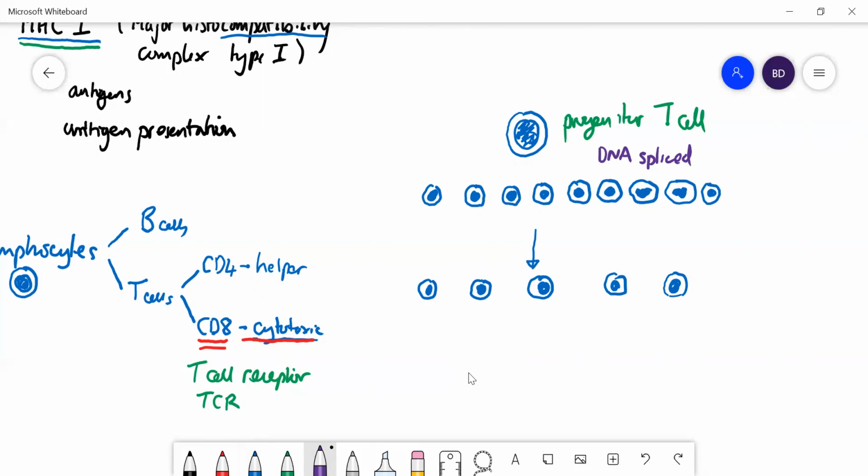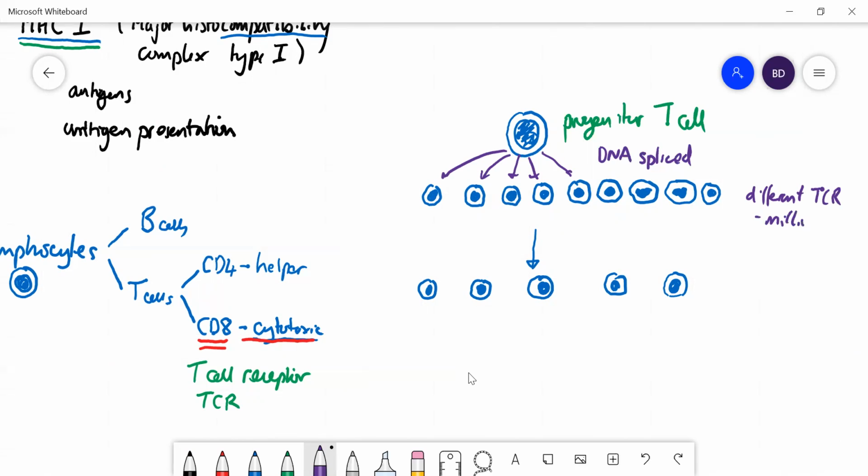Basically the DNA which codes for the T cell receptor gets chopped up into little bits and stuck back together in slightly different ways, and every single one of these is different. So it gives rise to all of these different cells, and they're all similar, but they've all got a different T cell receptor, and there's literally millions of these.